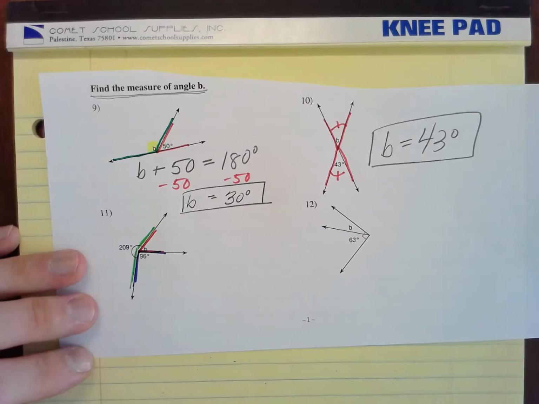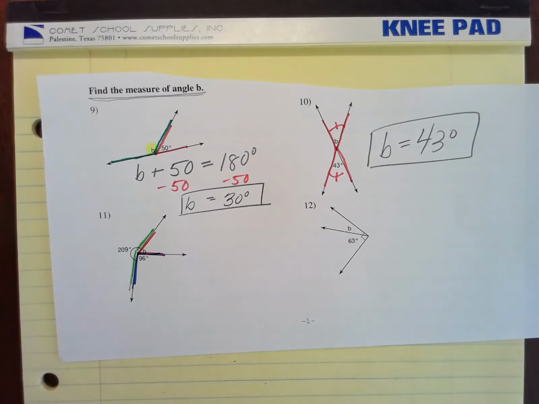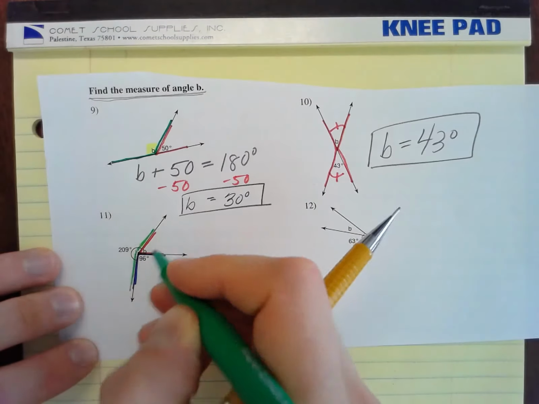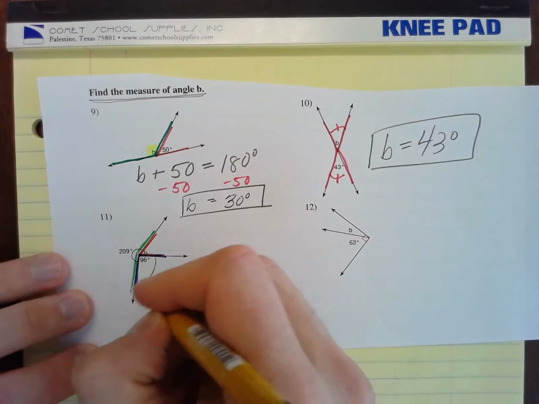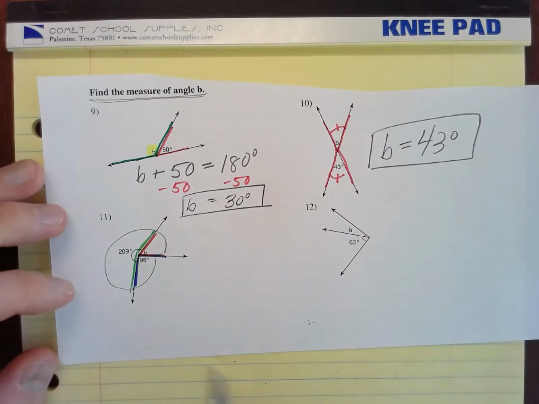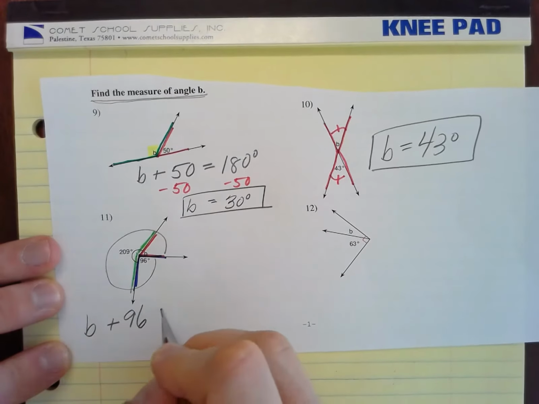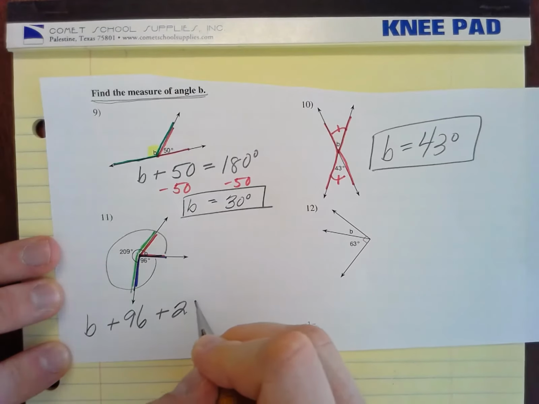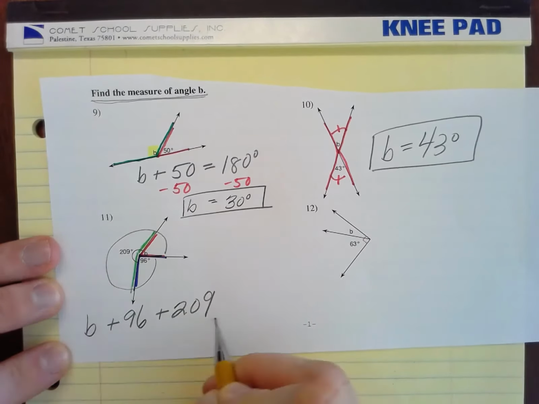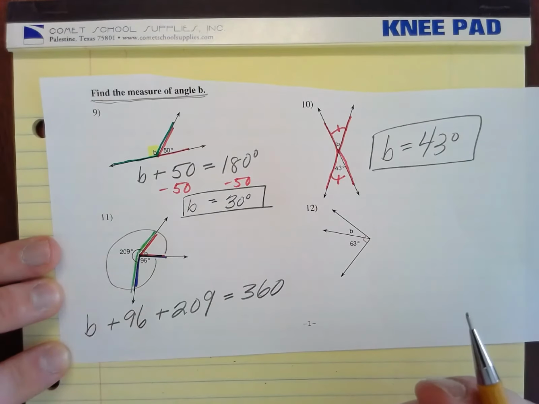So if we want to find angle B, notice that the whole thing is going all the way around the circle if we do all three of them together. So B plus 96 plus 209 together have to equal 360 because we're going all the way around.